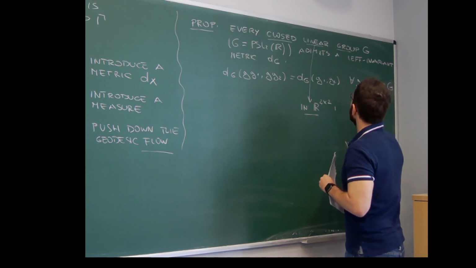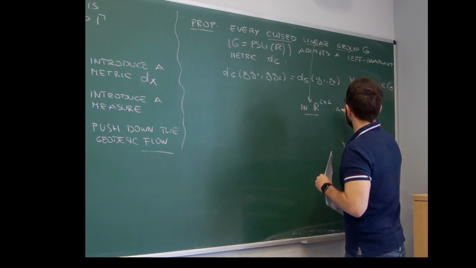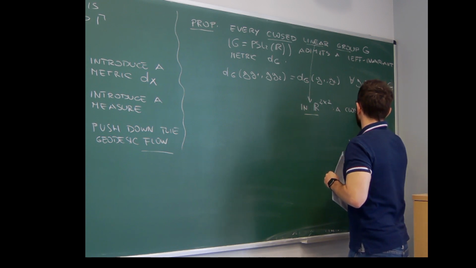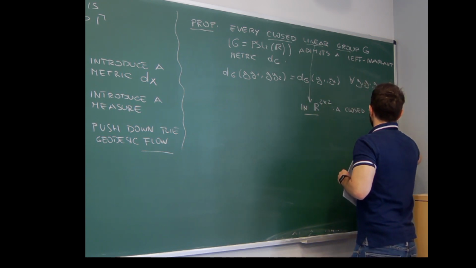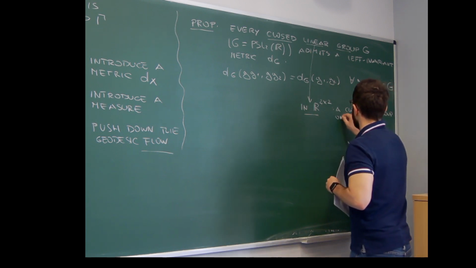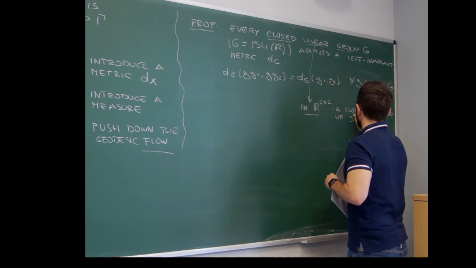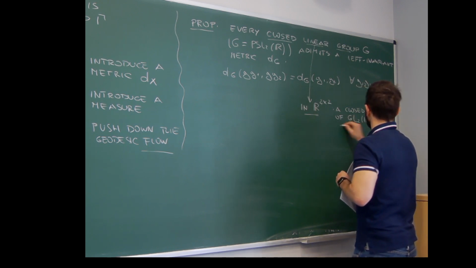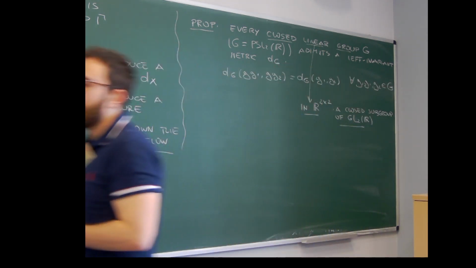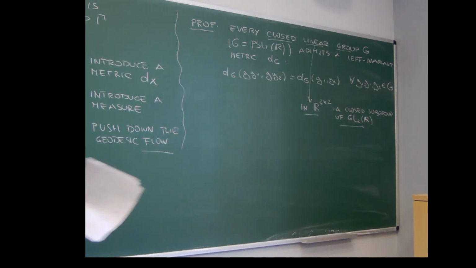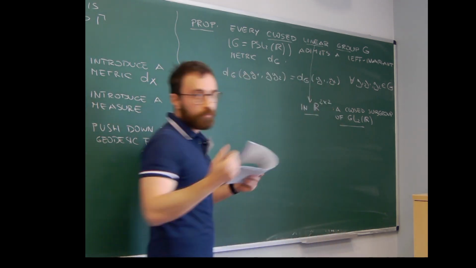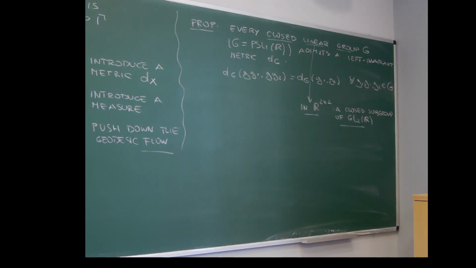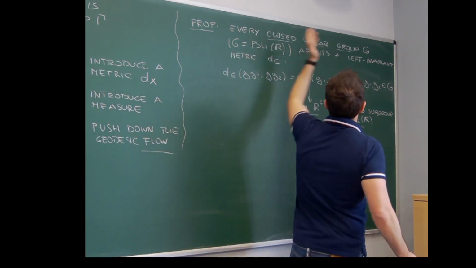A closed subgroup of, say, GL2R. So this is just any group of matrices, and you can also do it in higher dimension. You can take matrices with d rows, d columns, and real coefficients, and consider a closed subgroup. And we call any such closed subgroup a closed linear group.